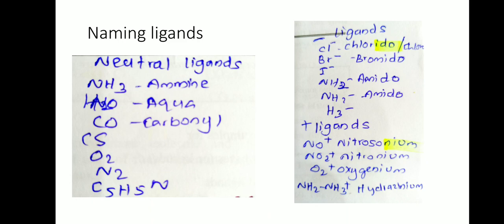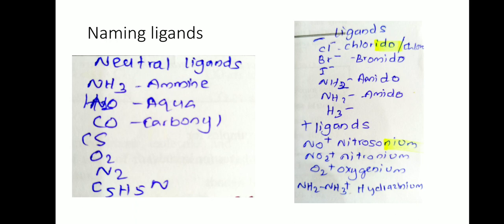If it is a negative ligand, then there is a rule. You have to add ido to the end. Chlorine you have to add as chlorido, bromido, amido, like that. If it is a positive ligand, then for the last part of the name we have to add nium.